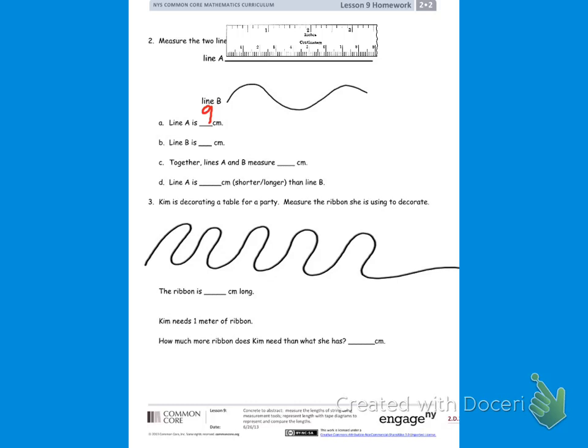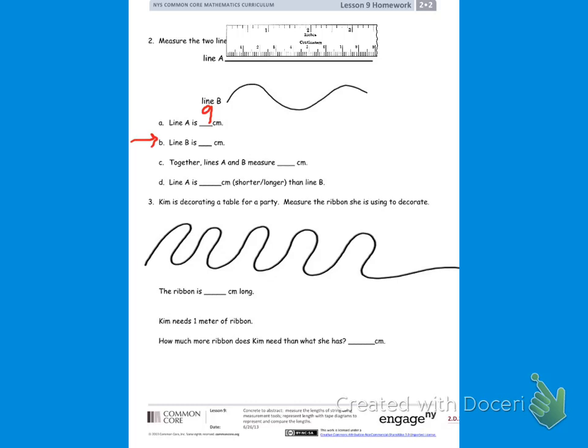After you have made a squiggly line with your string, then straighten out the string and measure the string using a centimeter ruler. If you don't have a string, then you can use your shoelace. After you find out the length of line B, using either of those techniques, write it on line B.